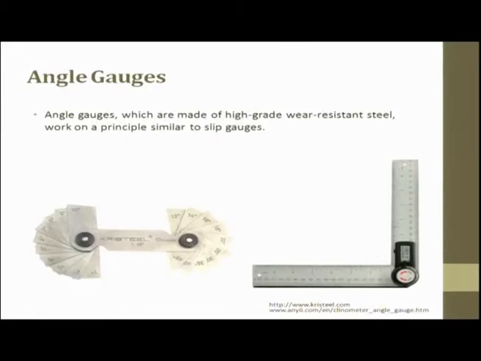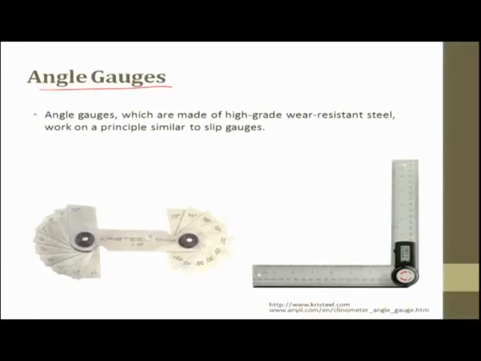The next one is angle measurement. These are called angle gauges. Angle gauges, which are made of high grade wear resistant steel, work on a similar principle to slip gauges. You can measure the angle using the same concept as slip gauges.